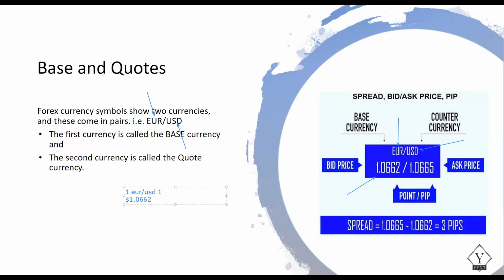So in order for us to get 1 euro, that means we need to pay how much? 1.066 and something like that dollars, right?